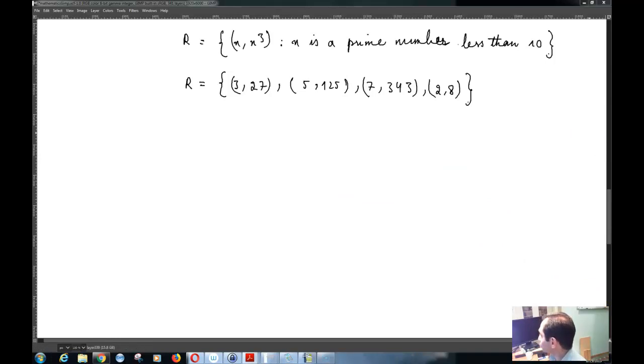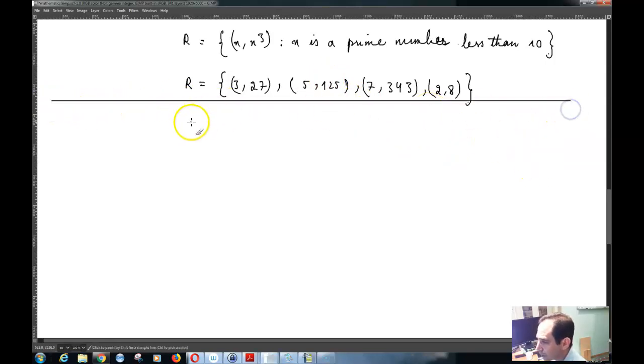Number 8 is, let A be {x, y, z}, and let the set B be {1, 2}.